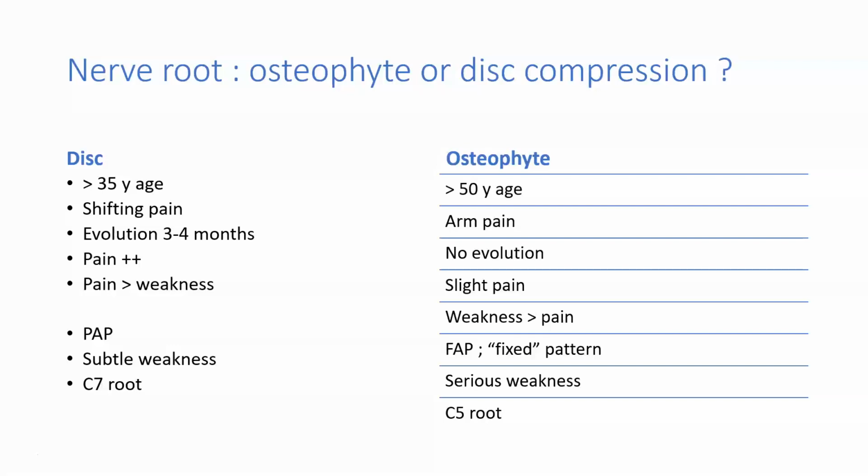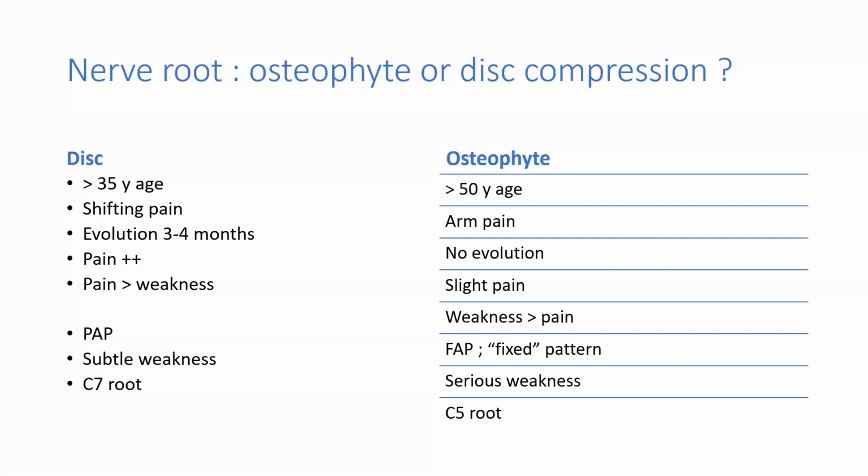Disc, spontaneous evolution. Osteophyte, of course, no evolution. Disc, could be quite painful. Osteophyte, slight pain. With a disc, the pain is the main element, and if the pressure on the nerve root gets worse or bigger, then we can talk about weakness. But with an osteophyte, weakness is going to be the main symptom.